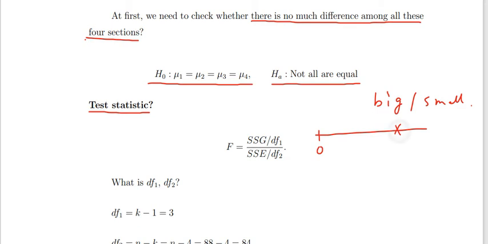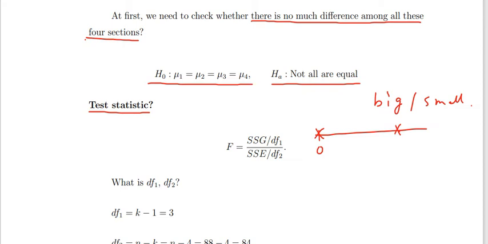If this number is big, we can say the difference is big, and the distance between these two numbers is big. If this number is small, then we say the difference is small, and the difference is not so significant.